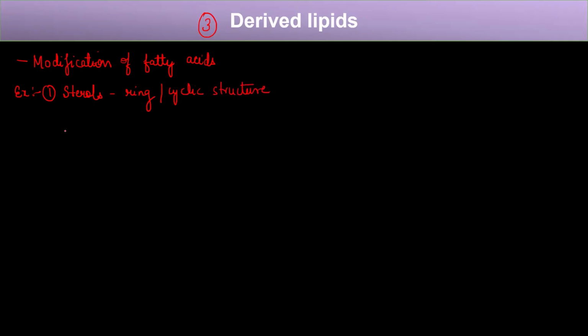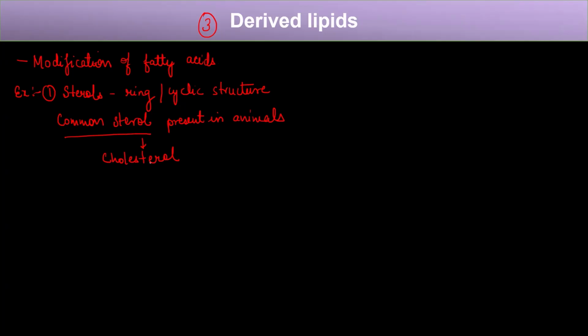The common sterol present in animals is cholesterol, the cholesterol that I was talking about in the previous slide. So this is a modified or derived lipid, and it is commonly present in animals.